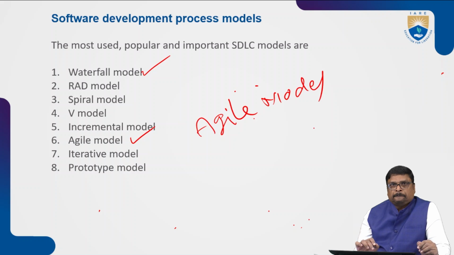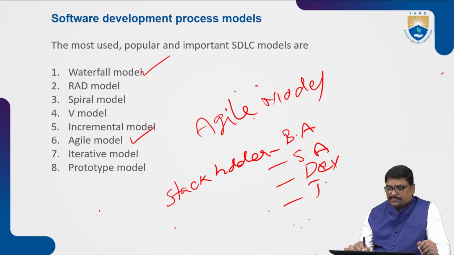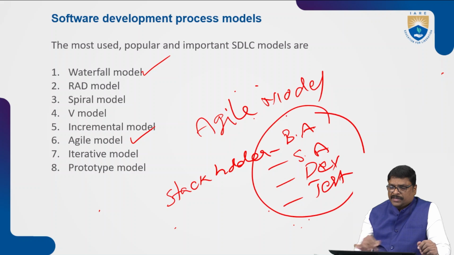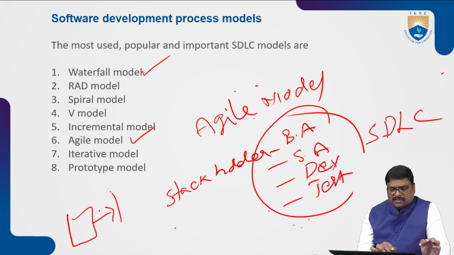The reason is, as I was mentioning previously, all the stakeholders, like a business analyst, a solution architect, a developer and a tester, are the different major stakeholders involved in the software development lifecycle. In other process models, once one activity is completed, only then are other activities taken care of.